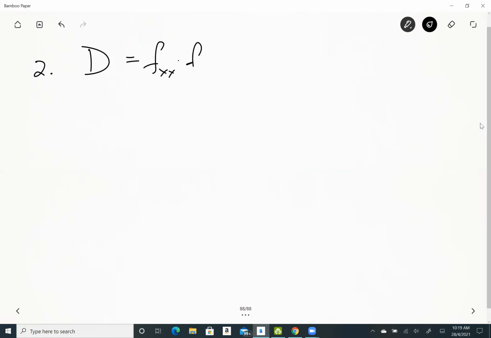So you know that D is equal to fxx times fyy minus fxy squared. Fxx is the derivative of 2x minus 2, that will be 2. Fyy, derivative of 2y, is also equal to 2.